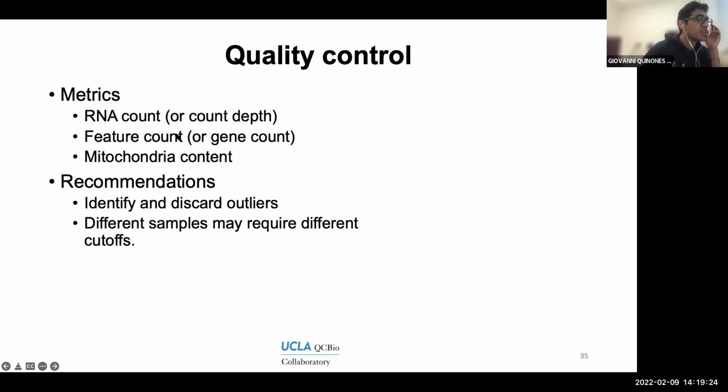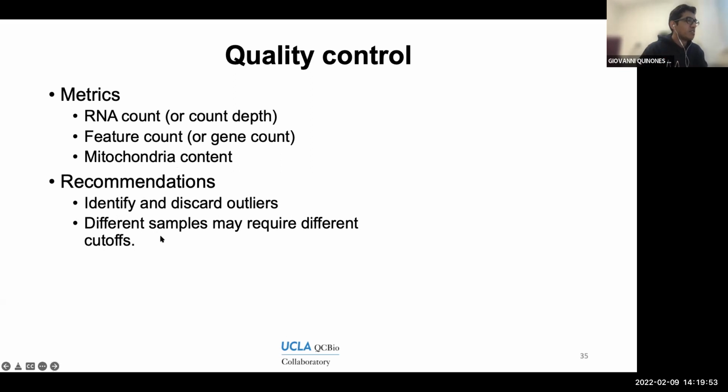We're also going to make sure we don't have too many or too few genes expressed for a particular cell. And we're also going to look at the mitochondrial content. Like I just said, we want to get rid of the cells that have too much mitochondrial RNA. The way we're going to approach this, of course, is by identifying and discarding the outliers.